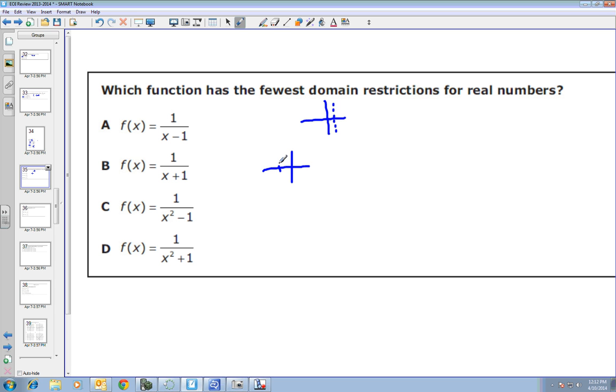That's okay. It'll still work for a little bit. Okay. And some of them may have the same amount of breaks. So you know that those probably can't be your answer, right? Because they want the one with the fewest domain restrictions.